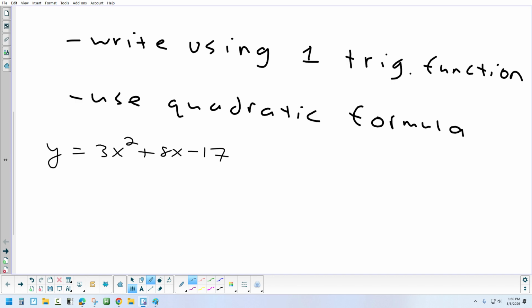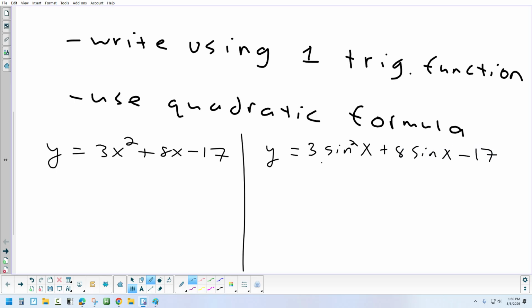I'm assuming it doesn't factor, where a is 3, b is 8, and c is negative 17. But this problem is exactly the same as this problem. There's no major difference how you solve those two problems. 95% of the process is going to be the same.